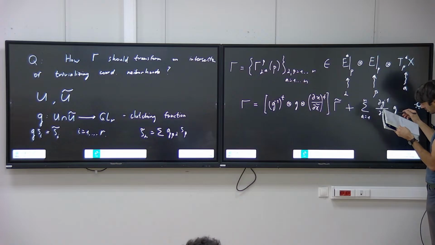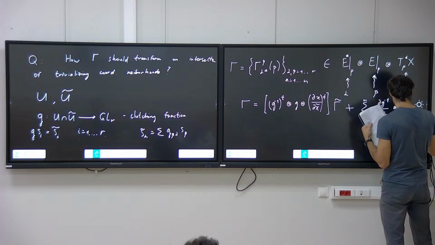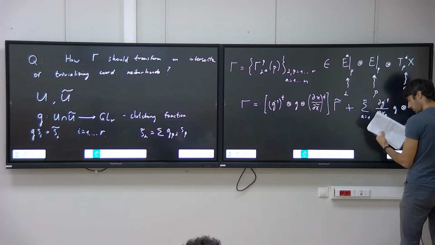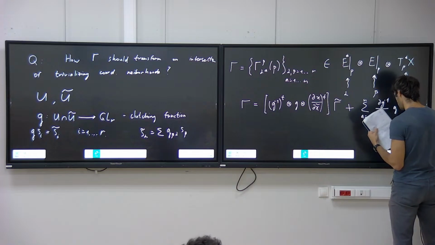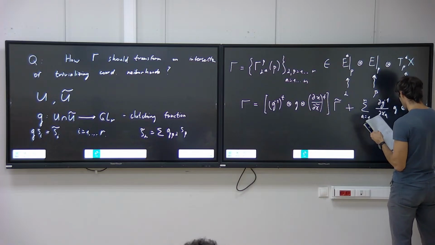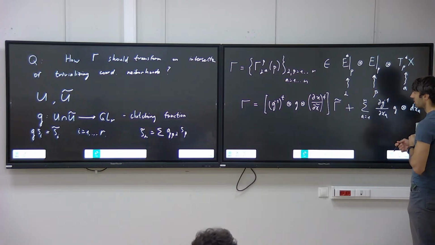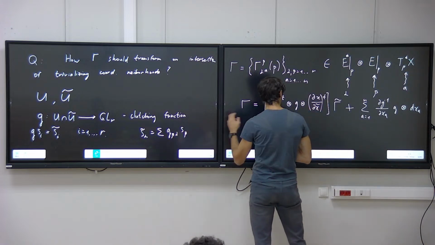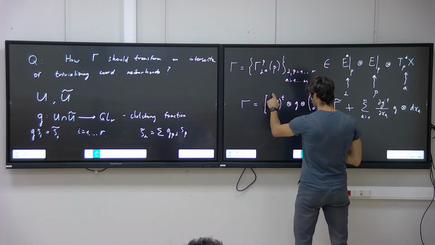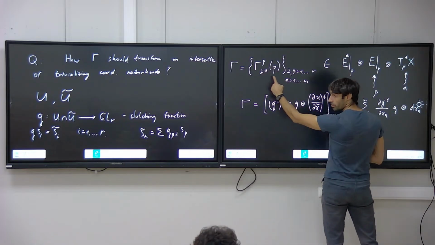On G, okay, G, and then tensor dxa. Sum over A, yes. So let's see. This is just taking this G, like this matrix, and then this is applied to the first index, to alpha here, right?